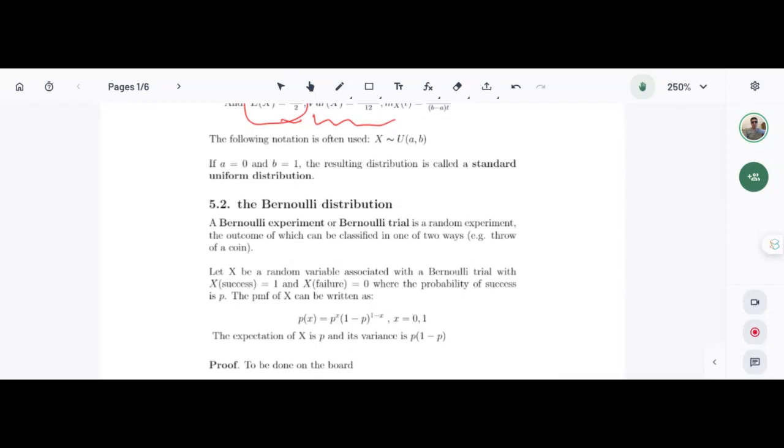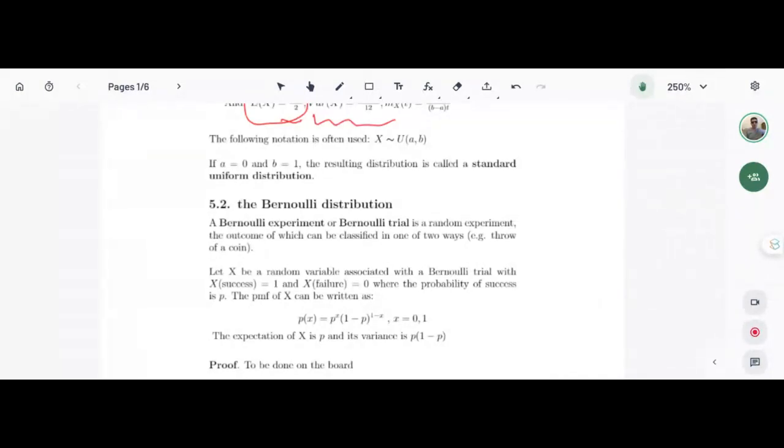The probability mass function of x, if it's Bernoulli distributed, is going to be written in this way. So the probability of success, this lowercase p stands for probability of success, to the power of the value of x, whether you got success or failure, and 1 minus p, which is the probability of failure.